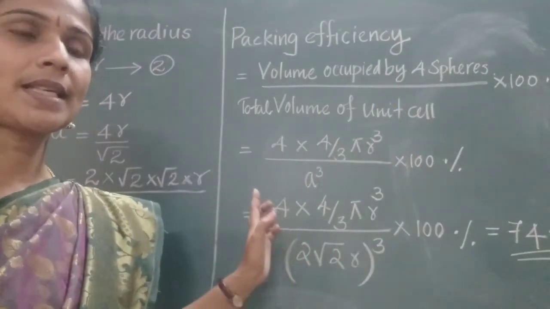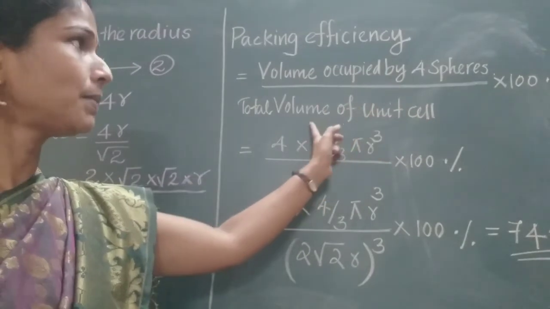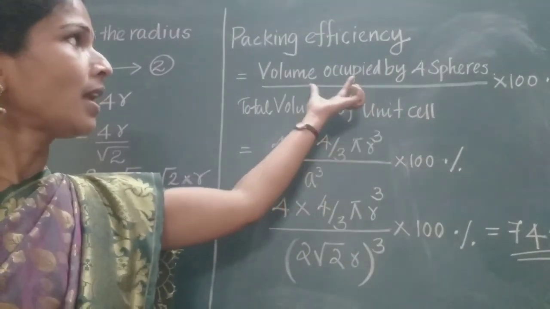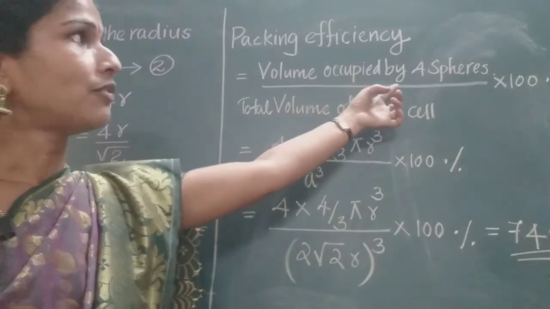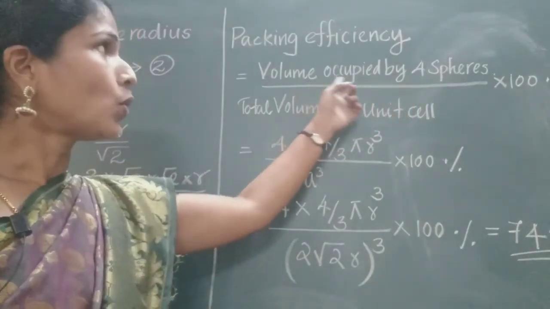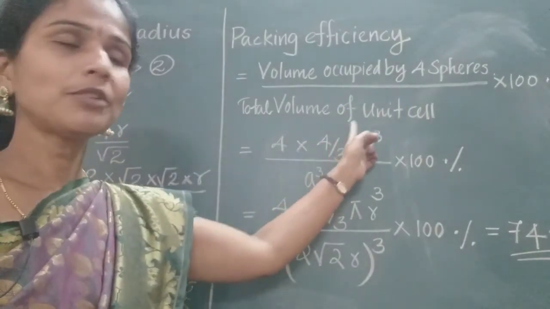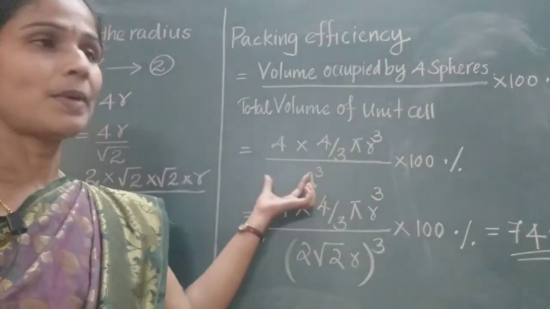That is the percentage of total space filled by the particles out of the total space of this unit cell. The particles filled are only 4 spheres.